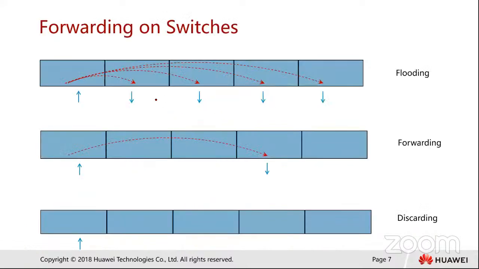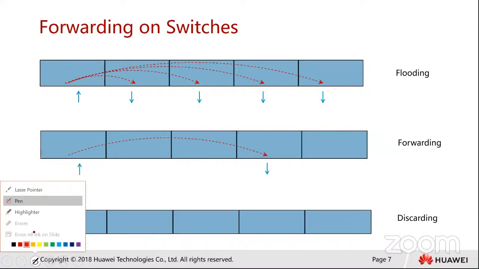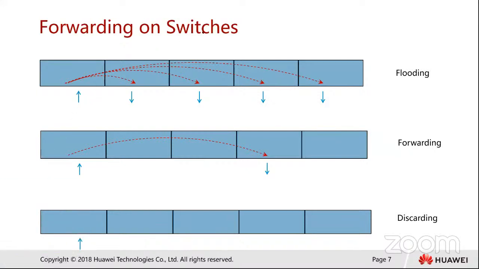So this is how our switch works. There's what we are calling forwarding on switches. When it receives a packet, what is it going to do with it? Like our colleague Ivan told us previously, a switch has a MAC address table, and this table stores the mapping between MAC addresses and our switch interfaces.